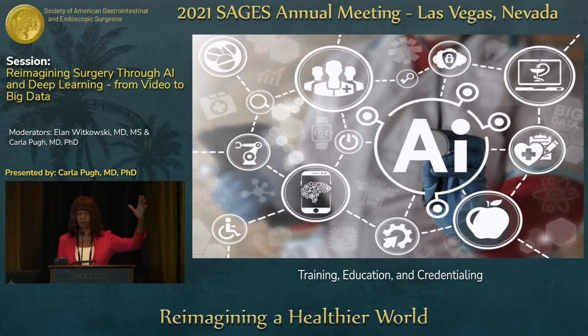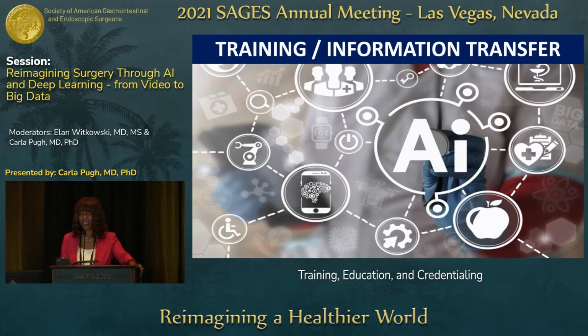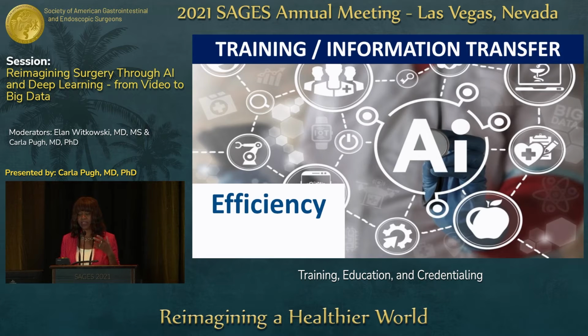So when I think broadly about AI and how it can potentially help us from a training standpoint, one of the pinnacle areas that we have to focus on is information exchange, information transfer. How do we get the information that we want in an efficient manner? It's really about efficiency of information. And the next area is specificity.